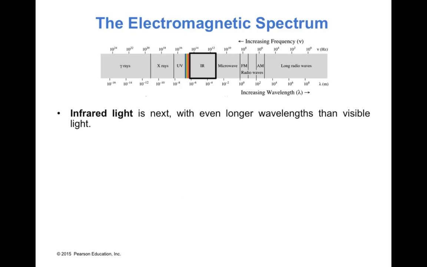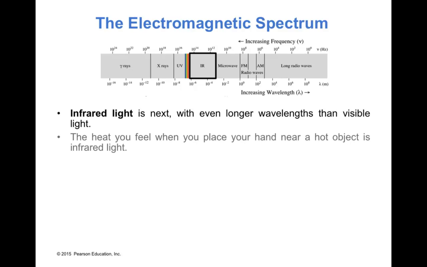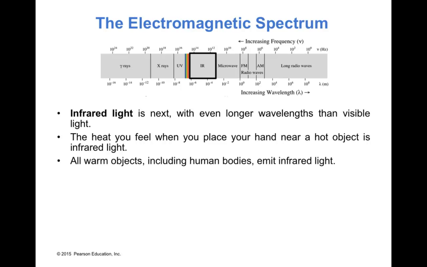The next one is the infrared light, with even longer wavelength than visible light. The heat you feel when you place your hand near a hot object is infrared light. All warm objects, including human bodies, emit infrared light.